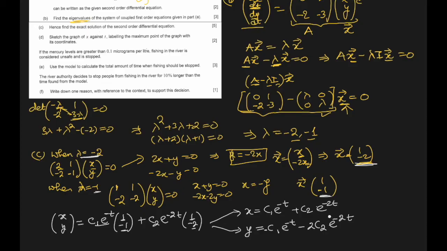This is the solution of the second order differential equation, but we have to evaluate c1 and c2.